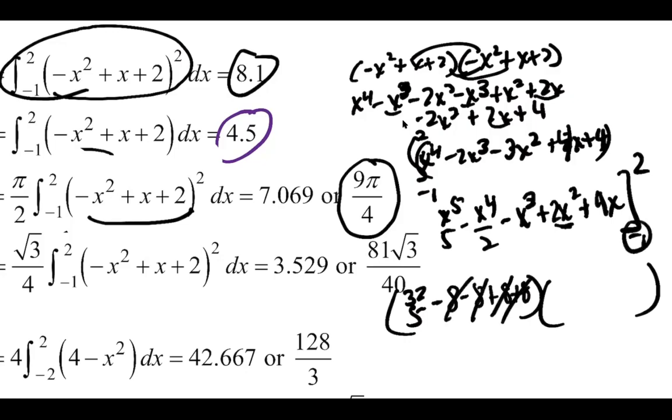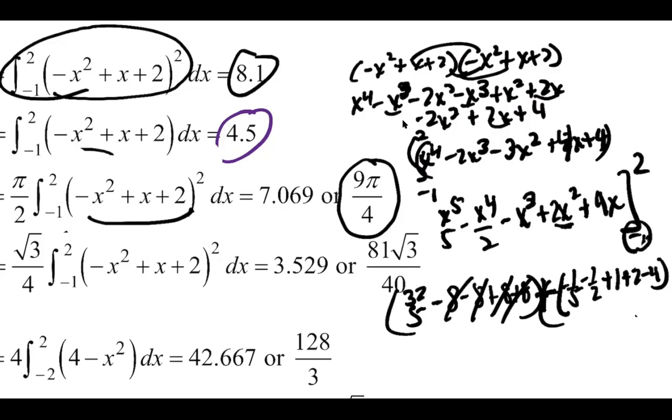And then when you fill in -1, you get, there's a plus in here, -1/5 minus 1/2 plus 1 plus 2 plus minus 4. Which is kind of a waste of your time right now for me to do this all over again.